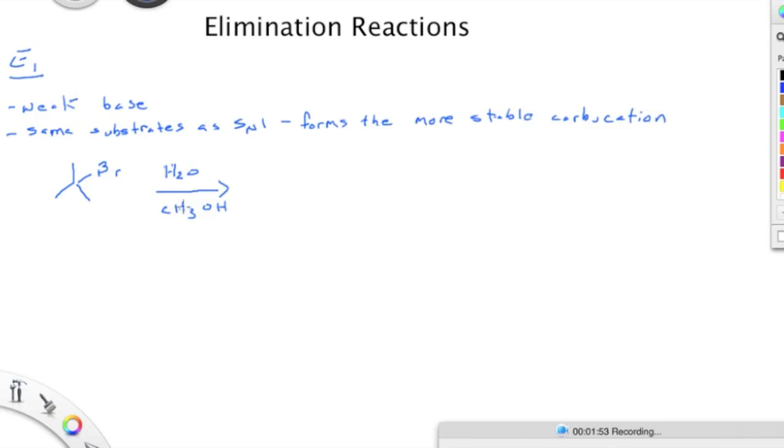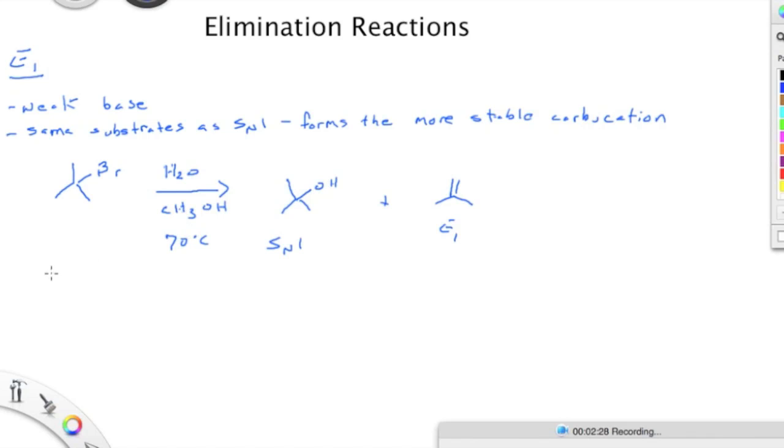And we can do this at, say, 70 degrees. And what you'll see is you end up with two products. You end up with this from your SN1 product, and then you end up with your eliminated product from your E1 reaction. So E1 reactions are always compatible in some sense with SN1 reactions.